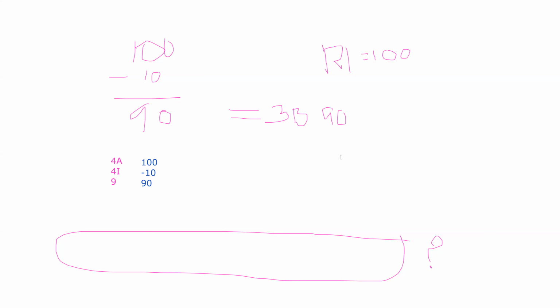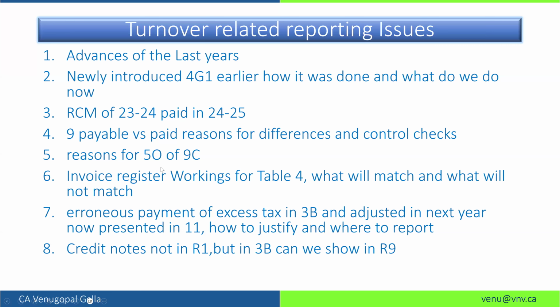We will have to satisfy the officer, otherwise. Because if we don't issue a credit note, my recipient would not have deducted the ITC also. Right, and that certificate will be there from him, then only. That's good. So these are the various issues which I found here, turnover related.